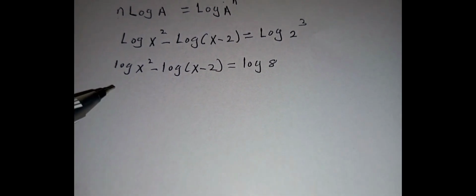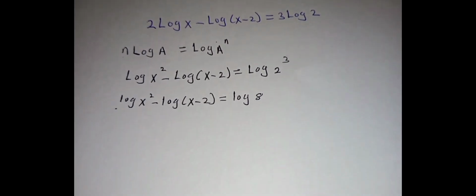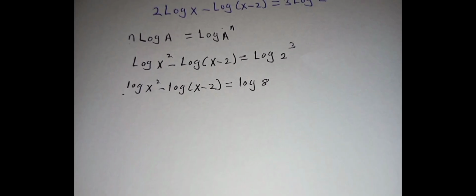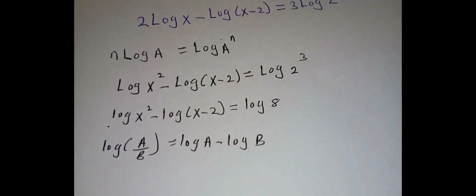So our expression becomes log of x squared minus log of x minus 2 close the bracket is equal to log of 8. Then we make use of the second law of logarithm, which tells us that the quotient of logarithm is the same as subtracting the two values.